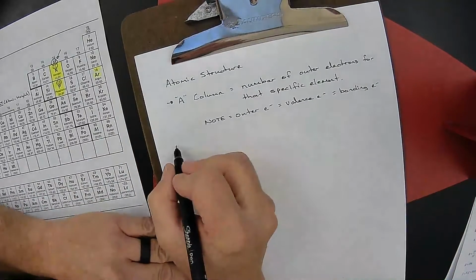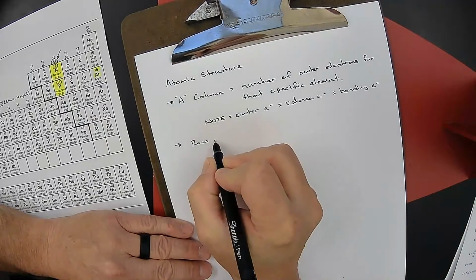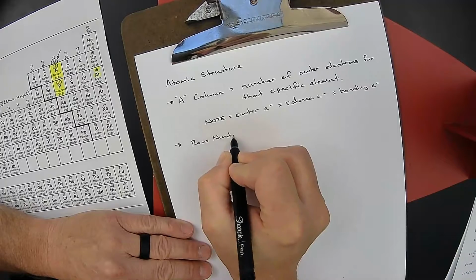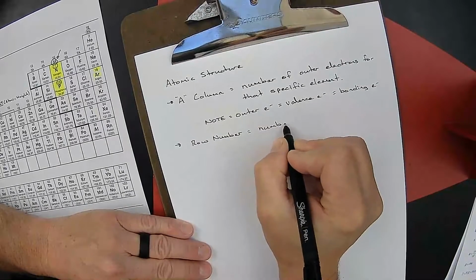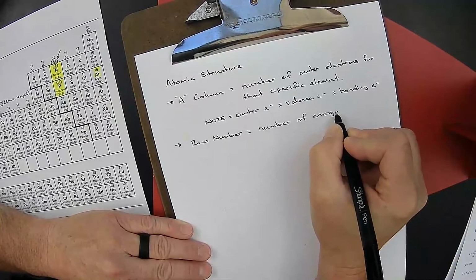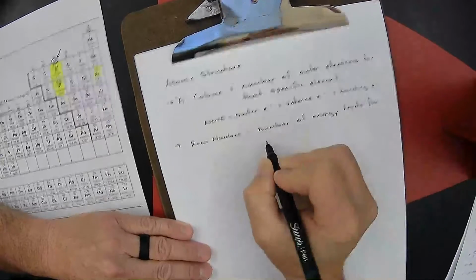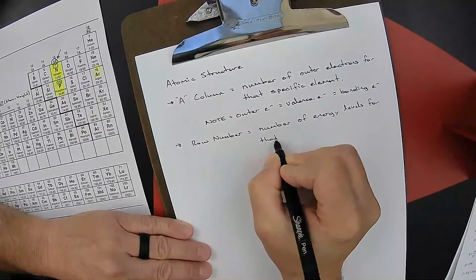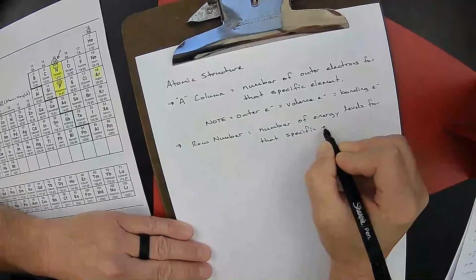And then the row number equals the number of energy levels for that specific element.